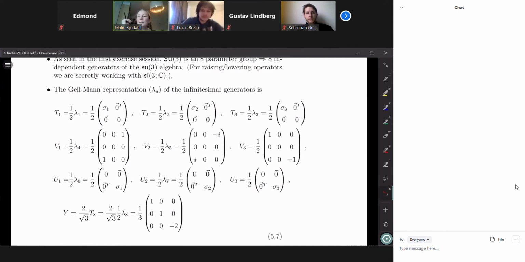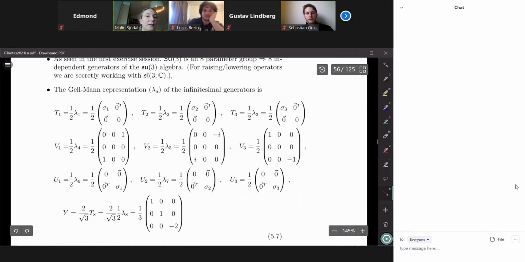The generators here, we label them by lambda. And what lambdas can we have? Well, we can have lambdas where we have essentially placed the sigma matrices in different parts of the 3 by 3 matrix.